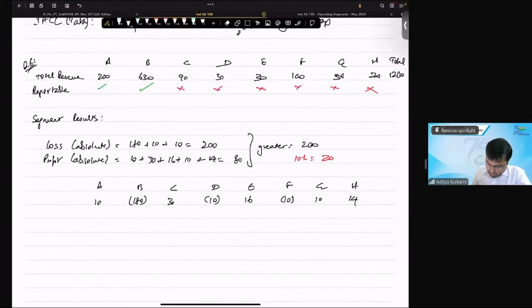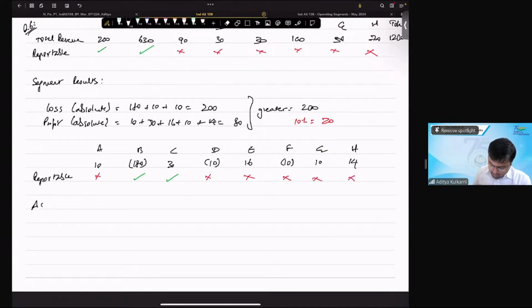So therefore, I will look at absolute terms. In absolute terms, my reportable segments should be 20 and above. So 180 in absolute terms is greater than 20. So B is reportable. C is reportable. Rest, everything is below 20, right? So therefore, this is not reportable. Any doubt so far?